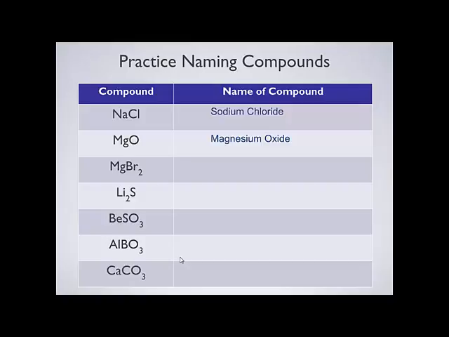Magnesium bromide. Yep. Now we could be more specific, call it magnesium dibromide, if we wanted to. Sometimes we do, that's why I said sort of naming these compounds. There's a lot of variation there.